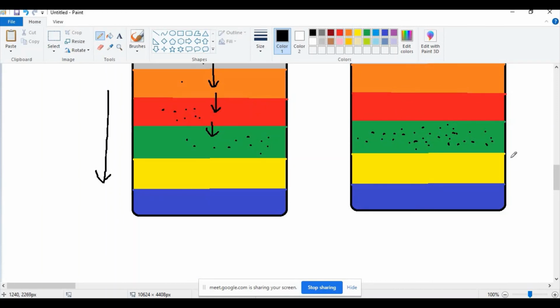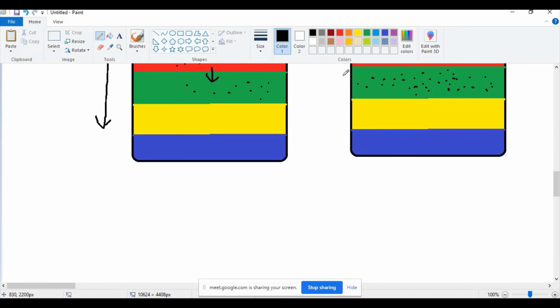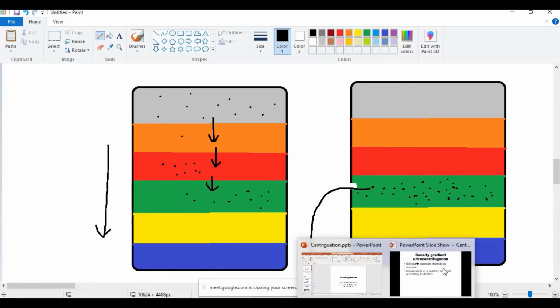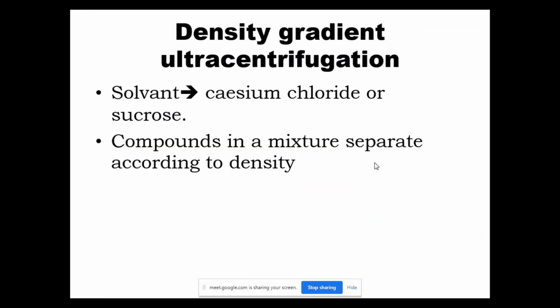Thereafter, one hole is made here, and through that hole these viral particles are extracted and purified. So this is how you have concentrated the viral particles. This is an example I have given you about density gradient ultracentrifugation.